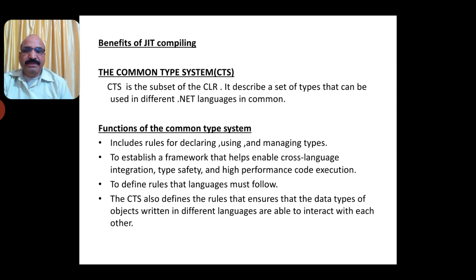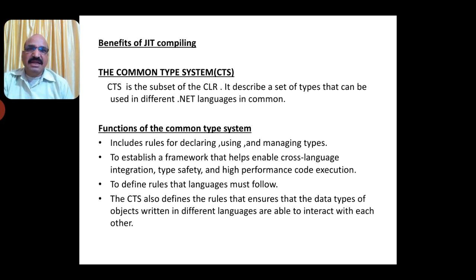In order to enable these two different languages to communicate, Microsoft introduced the common type system. So the integer data type in VB.NET, VB 6.0 and the int data type in C++ will be converted to System.Int32, which is a data type of CTS.